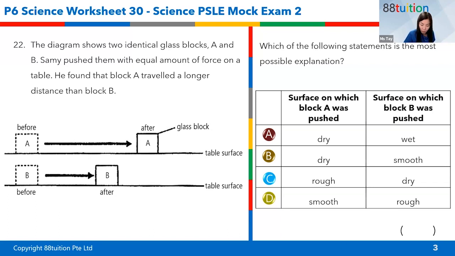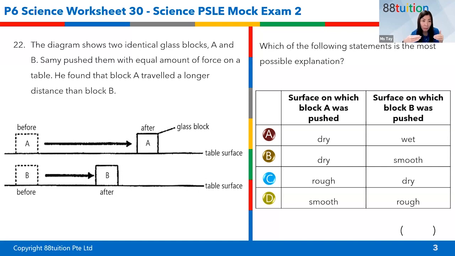Okay, now, so ouch is the thing. What is the answer here? If the table surface, a similar table surface, but maybe something happened on the surface, somebody put oil, somebody polished it, somebody applied a certain coating, then the distance moved by the glass block. Take note, it's the same type of glass block.